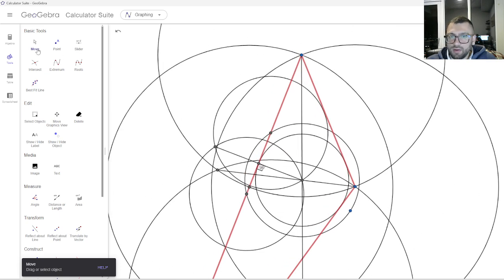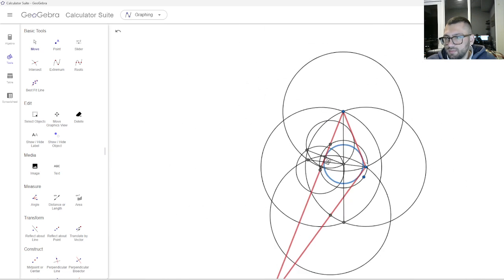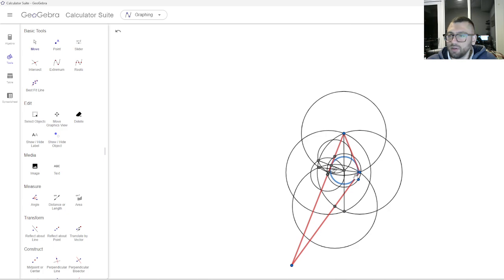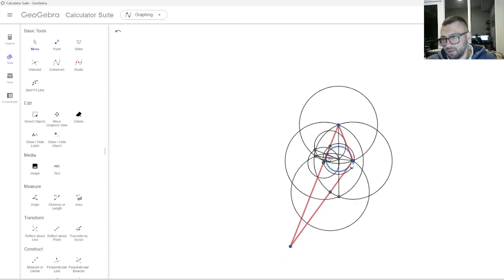And there's our answer. I'll maybe make this circle a little bit bolder or a different color so that you can see it. But there's your answer. That is the incircle. We have inscribed a circle inside of this triangle. So hopefully that makes sense. It's kind of a cool little construction.